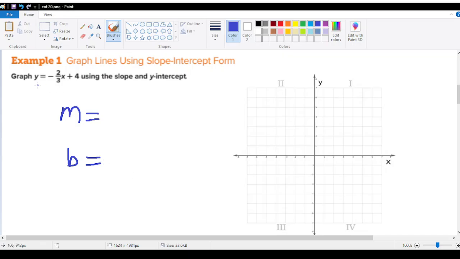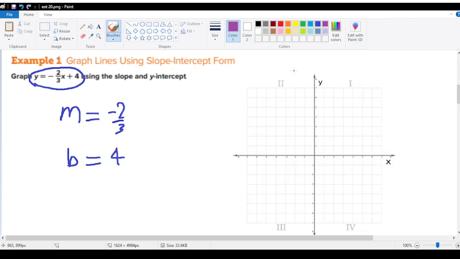No, focus here, Shamsa. This is the equation. B is what? Wait 1 second. B is 4. That's correct. How about M? M is minus 2 over 3. Minus 2 over 3.